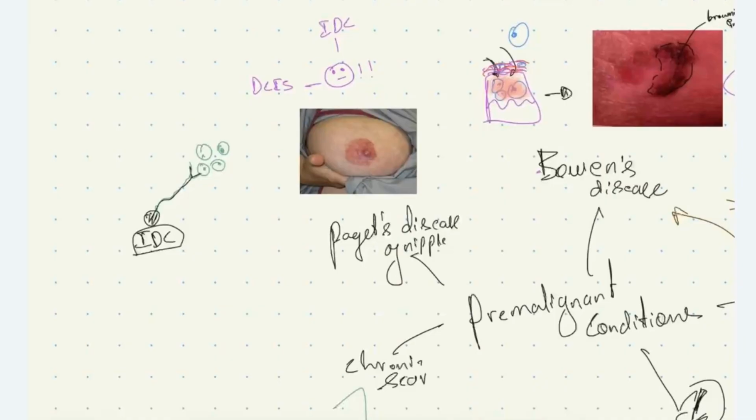So, on clinical examination, if you see Paget's disease of nipple, it signifies underlying intraductal carcinoma or ductal carcinoma in situ.